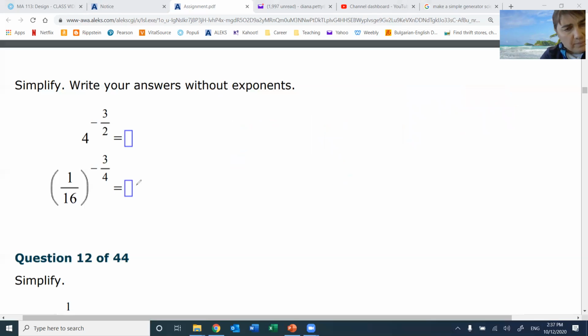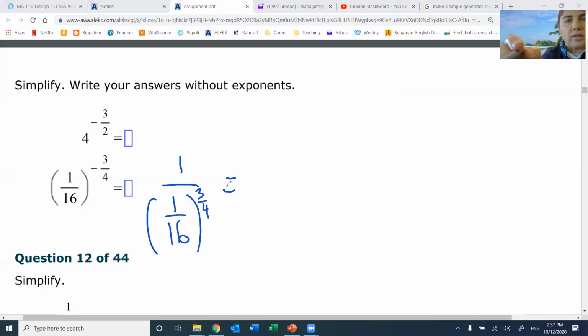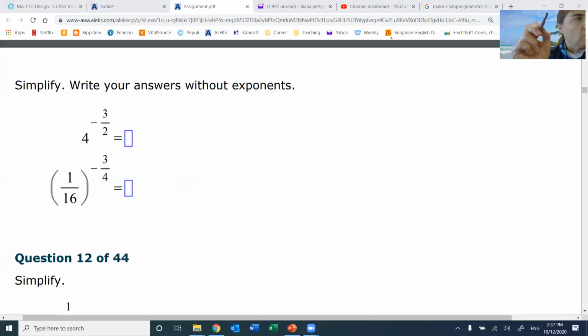How about this one? Next one, the 16. Okay, let's do this. So first 1 over that, right? Oh my goodness, you're serious. Oh wait, we can do something. Let's do the shortcut. What was the shortcut? When you have a negative exponent in a fraction, what was the shortcut to make it positive?